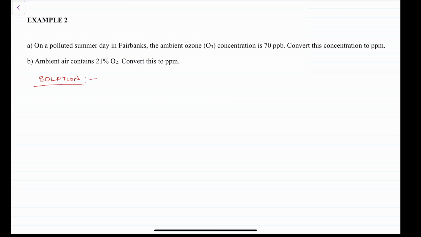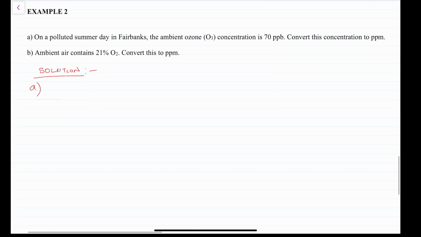Okay, so here we are given that on a polluted summer day in Fairbanks, the ambient ozone concentration is 70 ppb, and we have to convert this concentration to ppm. It's a relatively simple problem that I will try to approach in two different ways.